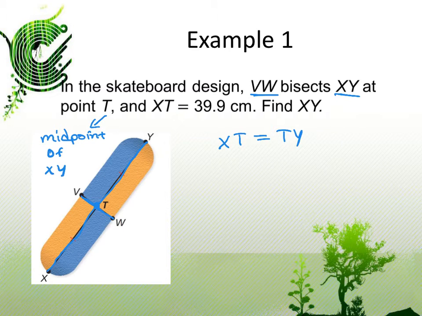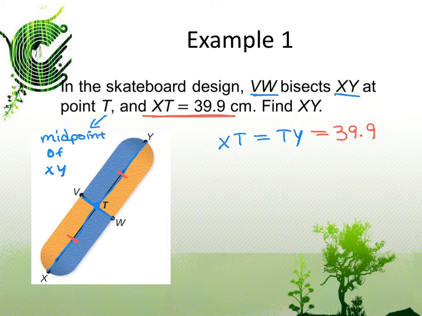And if you notice in the picture, they do have the congruency marks. And in the problem, they told me that XT equals 39.9. So if we know they're equal, then TY is also 39.9.